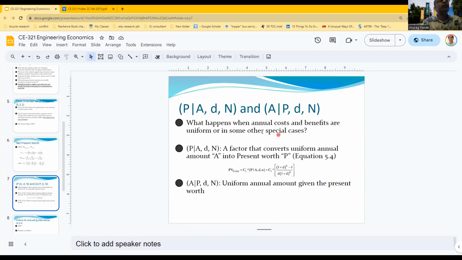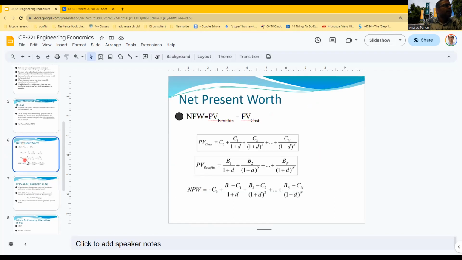If those are equal, that gives rise to the uniform annual amount A into present worth P. That's basically just C1 is equal to C2 is equal to Cn, and that becomes a geometric series, and the summation of a geometric series has a formula.